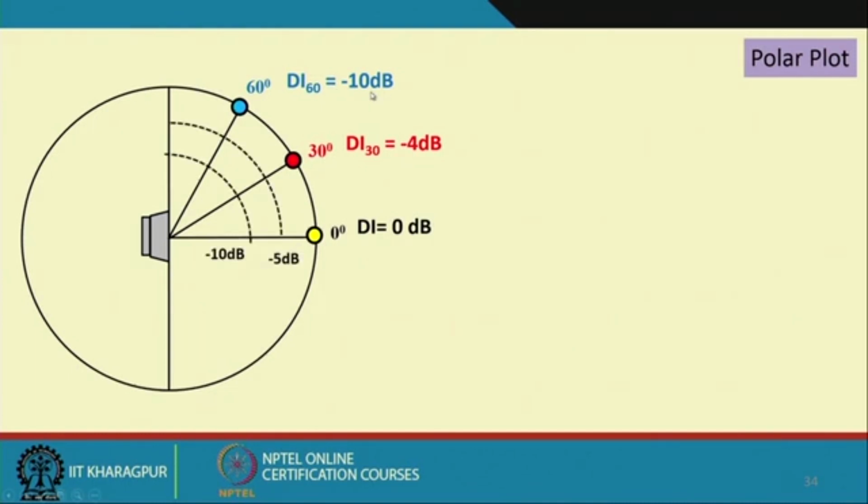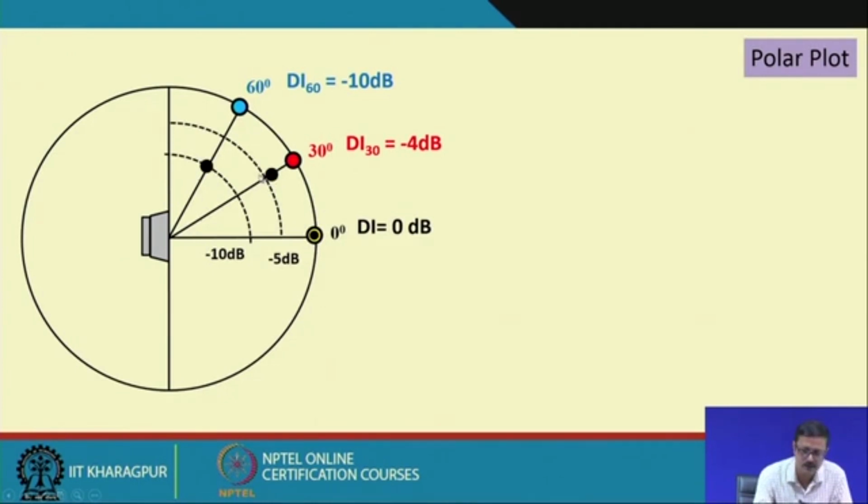So, I can draw concentric circles of minus 5, minus 10 dB, something like that, and then I can say the equivalent sound level of this yellow point, which is in the 0 degree line, is nearly here in the 60 degree line, because it is minus 10 from this particular one and this is minus 4.